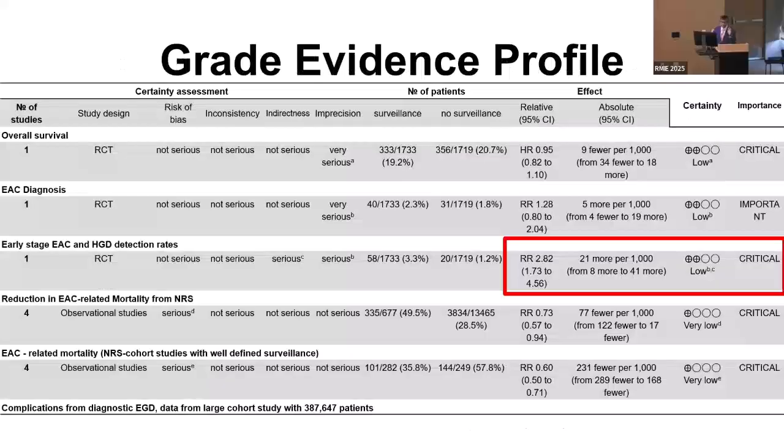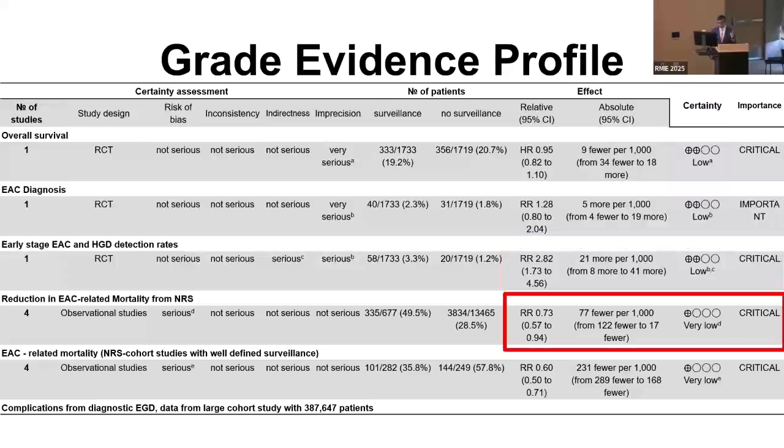So we tackled this problem head on in our guideline document, and we looked at observational data that have shown us that when you perform surveillance endoscopy for patients with Barrett's, you're more likely to diagnose patients with Barrett's with high-grade dysplasia, early cancer. We do see a reduction in cancer-related mortality when you do enroll patients in surveillance programs.